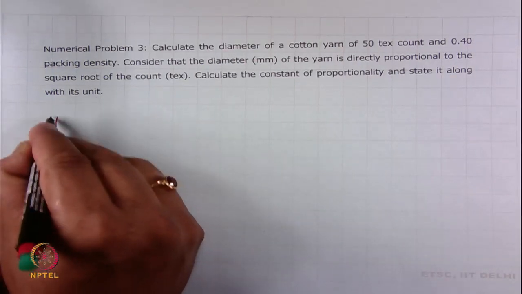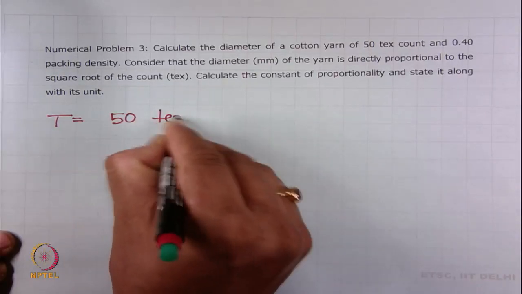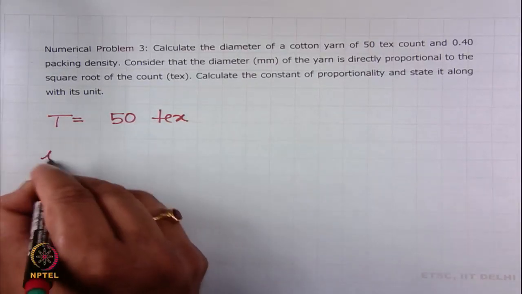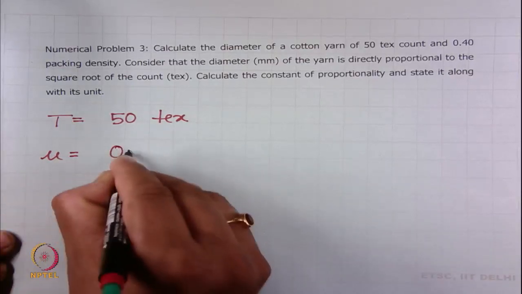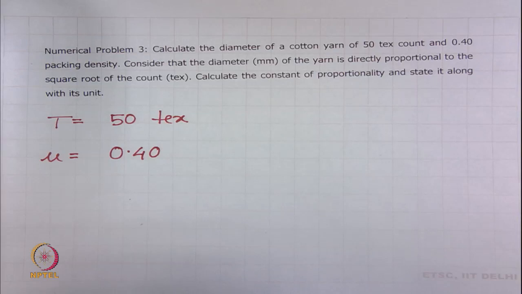Capital T is 50 tex, mu is 0.4. Consider that the diameter of the yarn is directly proportional to the square root of the count, that means Cochrane's formula we have to use.